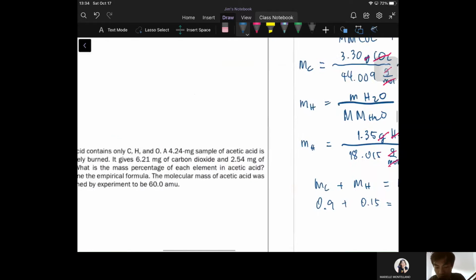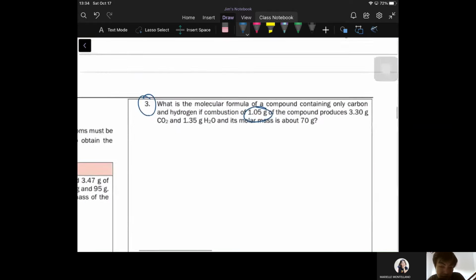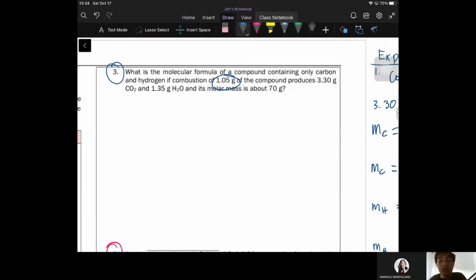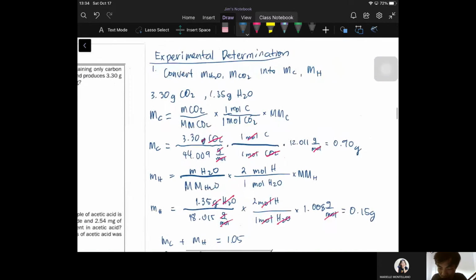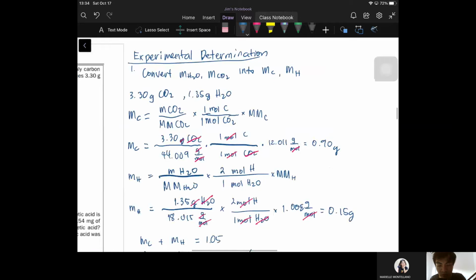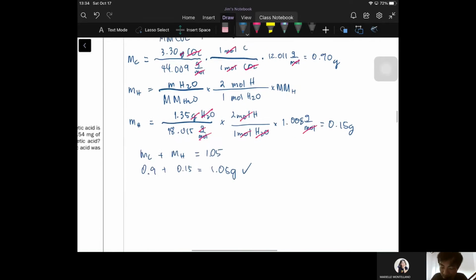Okay, so since we're good na dyan, nakuha na natin yung mass ng ating elements, we can now proceed to the empirical formula. Okay, so yun yung first step. So the first step, convert mo yung mass ng H2O, CO2 into mass ng carbon, mass ng hydrogen. No?